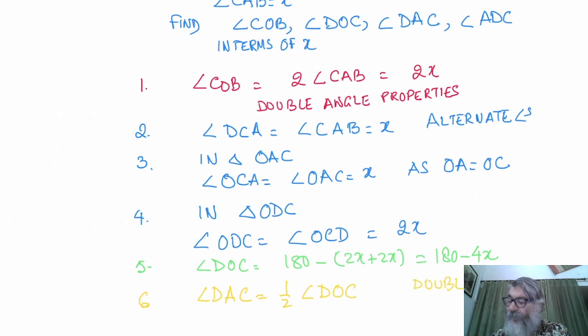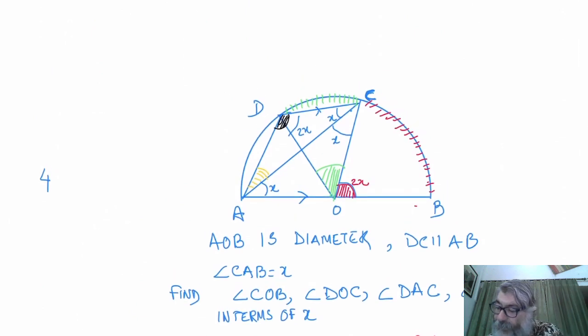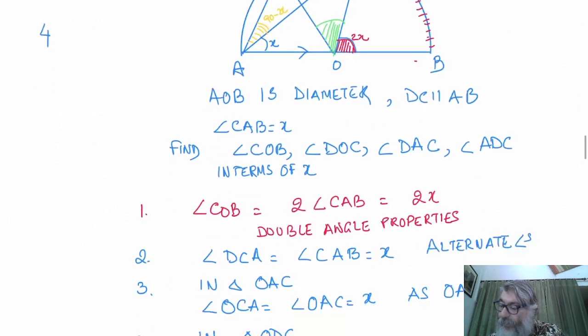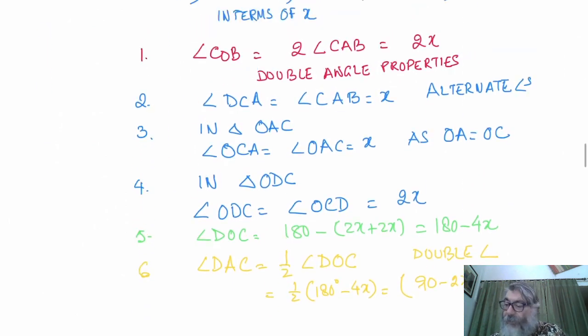Double angle property, this is used so many times. Half of 180 minus 4x is 90 minus 2x. So this angle DAC comes out to be 90 minus 2x.